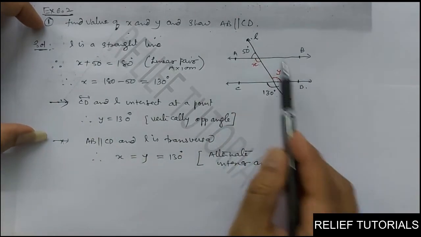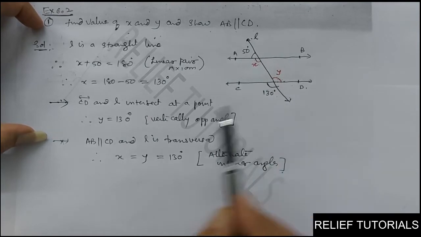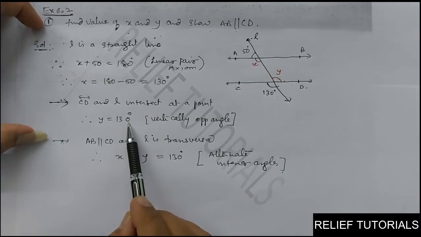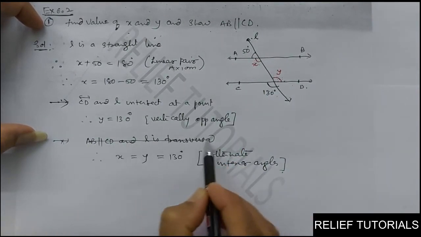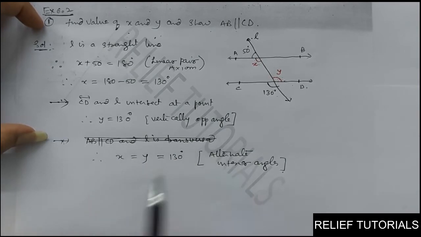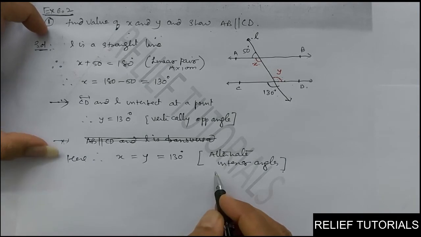Now these two lines intersect at this point, so these are vertically opposite angles, so we can say Y is equal to 130. Now X is 130, Y is 130. So these two angles are equal. So we can't write this, sorry, I am extremely sorry. So now here X is equal to Y, that is equal to 130 degrees. Clear?